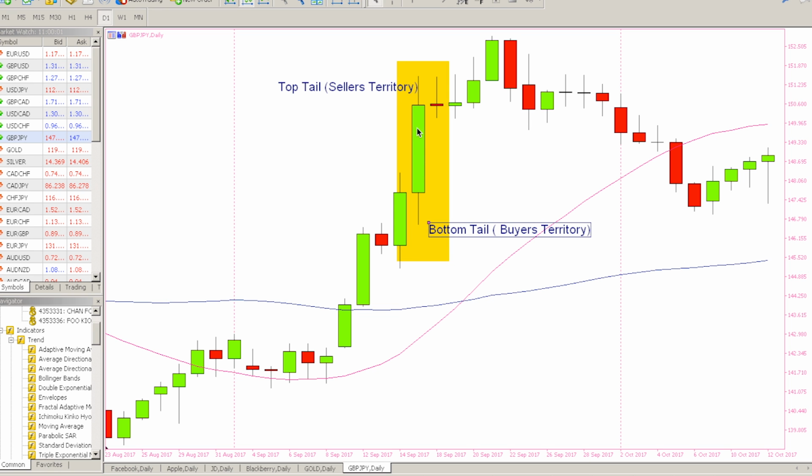For the bottom one, it's the same thing, just the opposite. When the price goes all the way down, there are buyers coming in to push the price up. When the price reaches a certain level, a lot of buyers keep on buying, and that's why it cannot close at this point. In fact, if this is a green bar, this whole segment here is a buyer's territory, because it's very bullish.